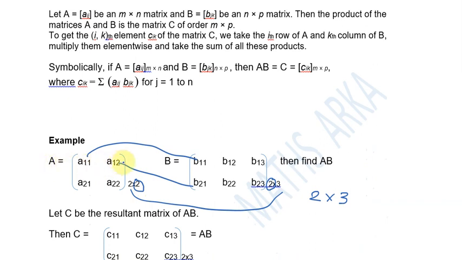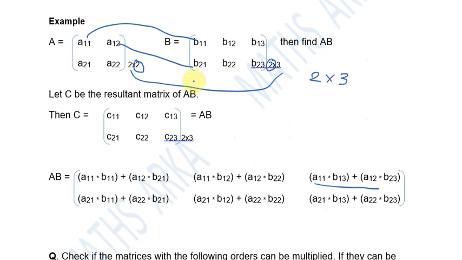The first row elements are multiplied with the first column to get the first row, first column element, and likewise for any generic element.